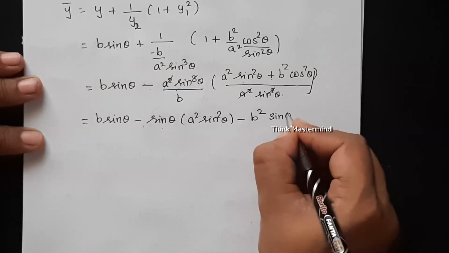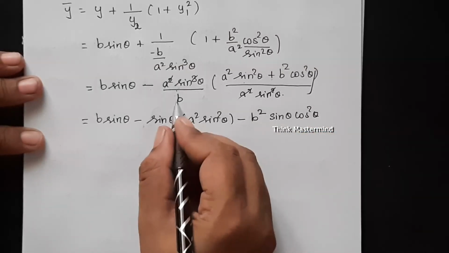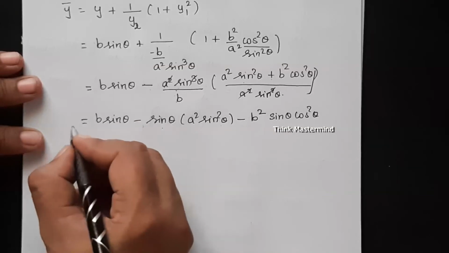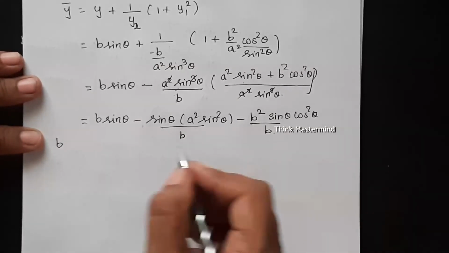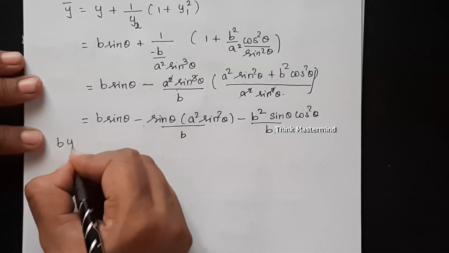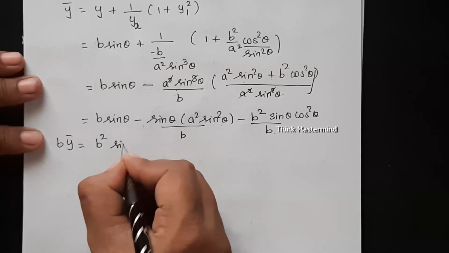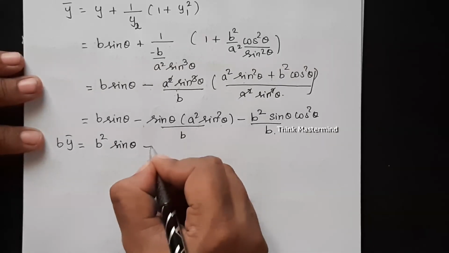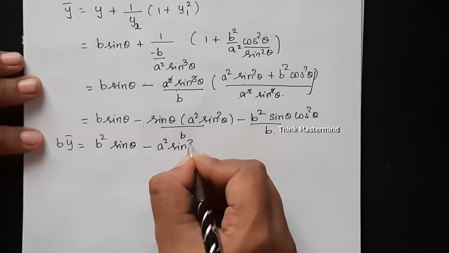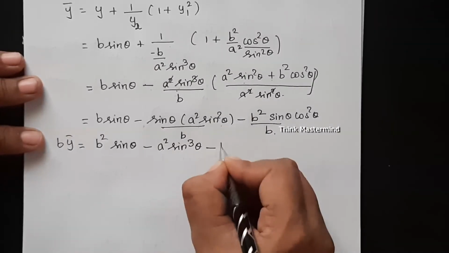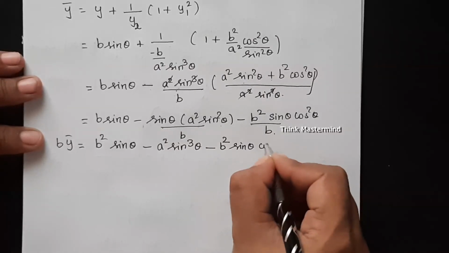In the denominator is b, taking the LCM b, and taking b to the other side, that is b y bar is equal to b squared sin theta minus a squared into sin cube theta minus b squared into sin theta cos square theta.